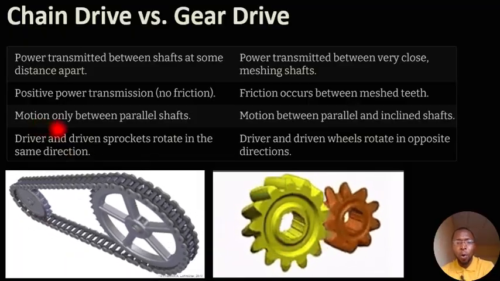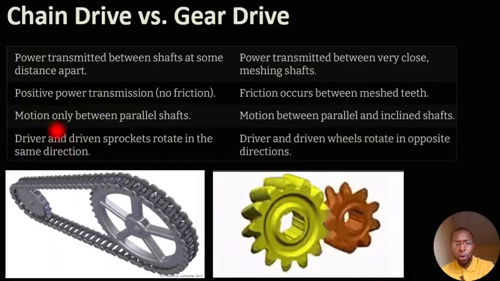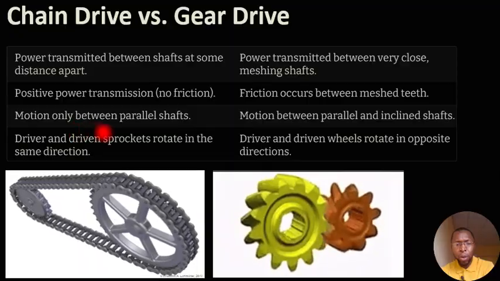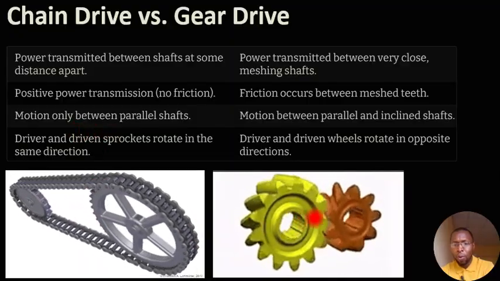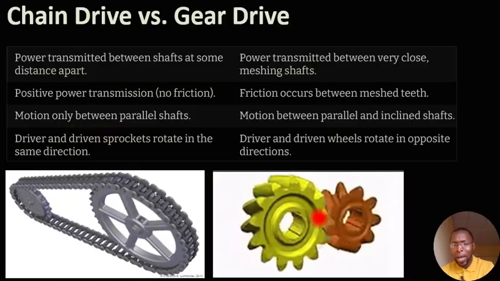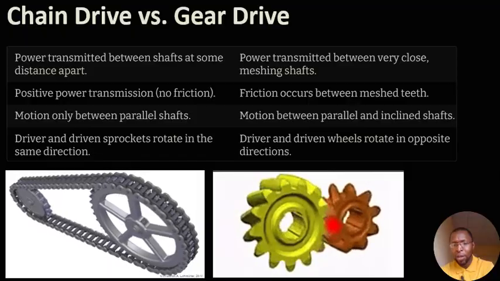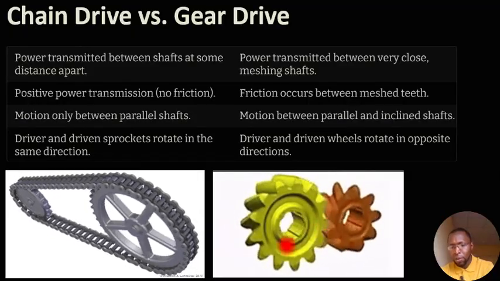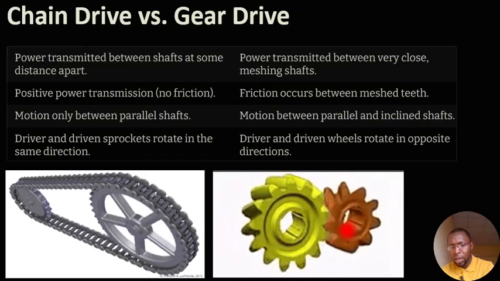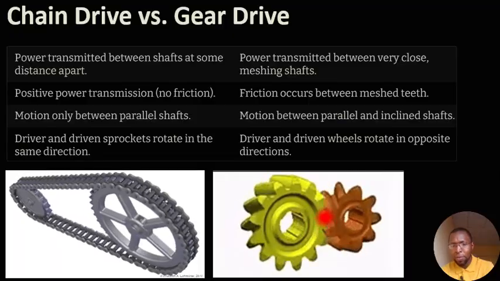Thirdly, for chain drive, motion is only between parallel shafts, okay, you see. But for gear drive, we have motion between parallel and inclined shafts. So you could see that there is motion between the parallel shafts, this and this, and the ones that are inclined.